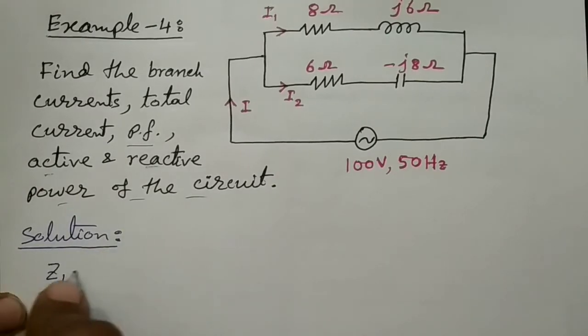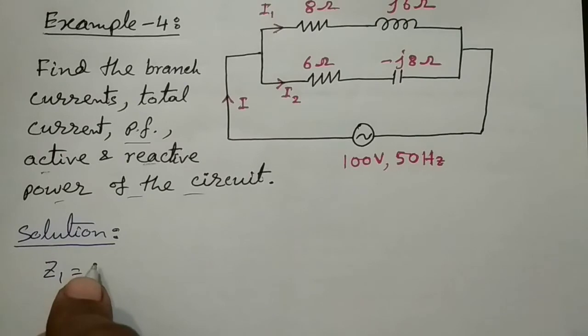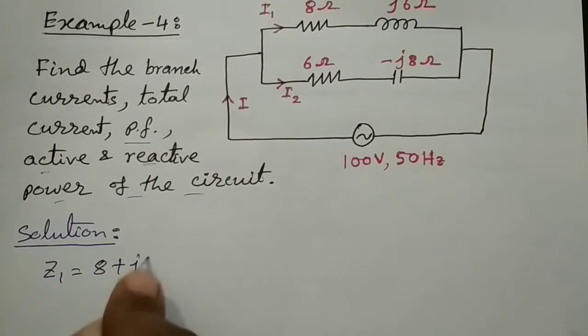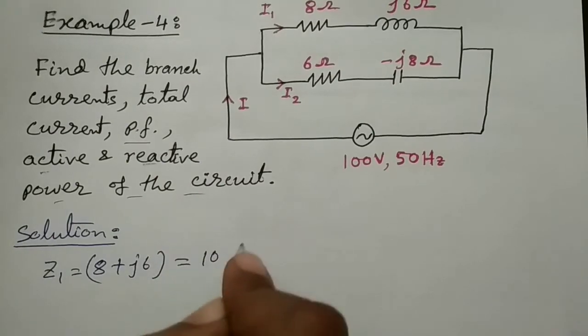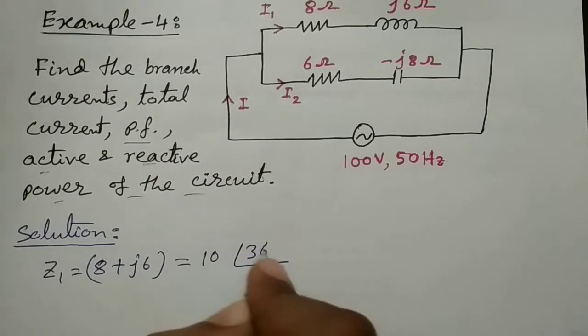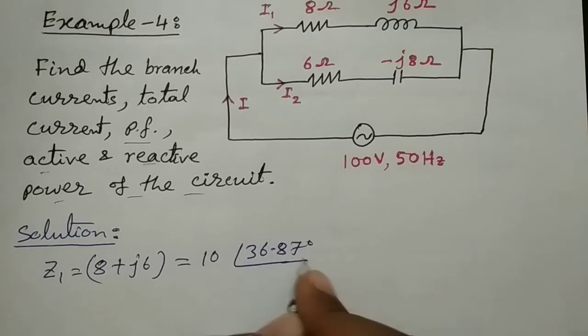The Z1 is 8 plus j6, so its polar format will be 10 angle 36.87 degree.